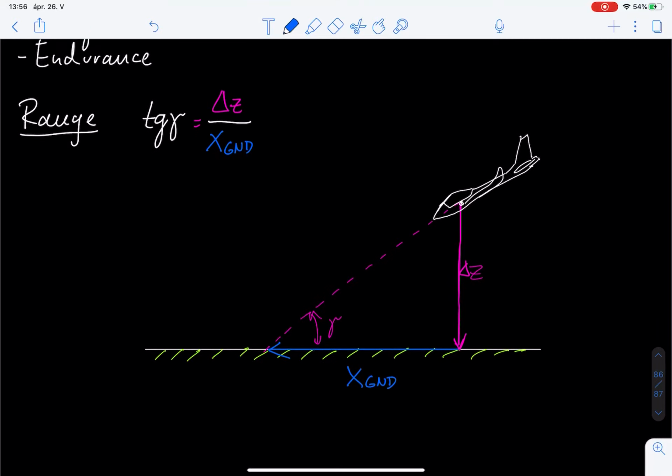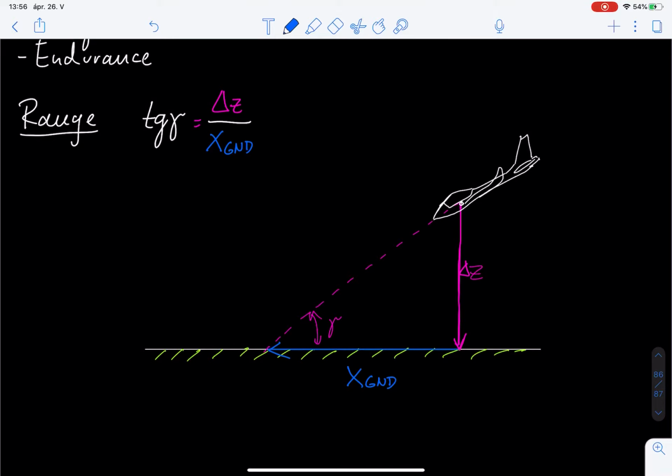Essentially, we always talk about a distance covered in the air, and this would be still air condition, but we'll talk about the effect of the wind a bit later, right? So this would be the tangent of the flight path angle, relative to the ground, of course. And what this tells us essentially is how much altitude you're going to lose for a unit amount of ground that you cover.